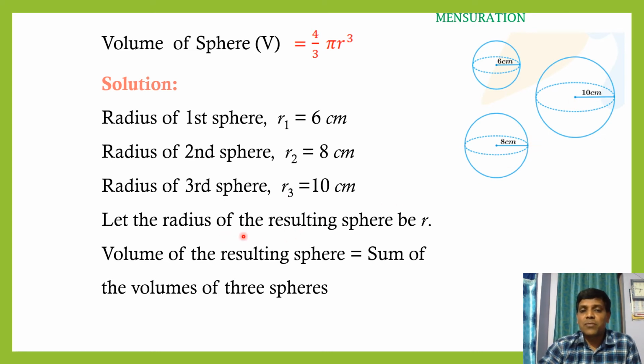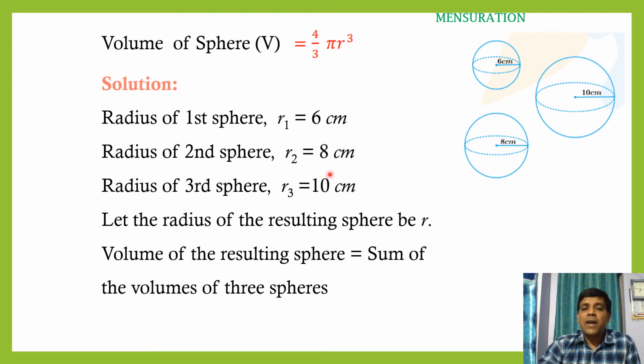Let the radius of the resulting sphere, or the new sphere, the large sphere, be r centimeters. The volume of the resulting sphere is equal to the sum of the volumes of the three spheres.